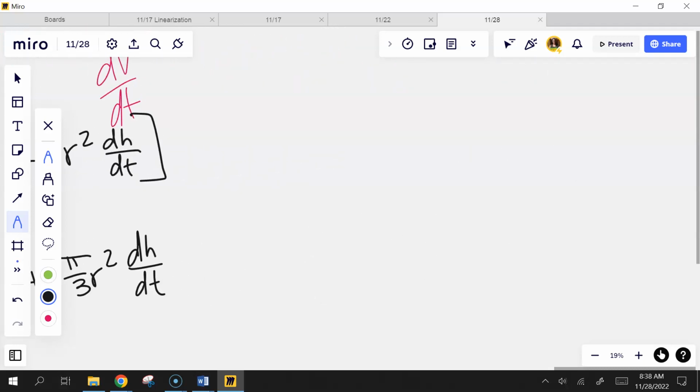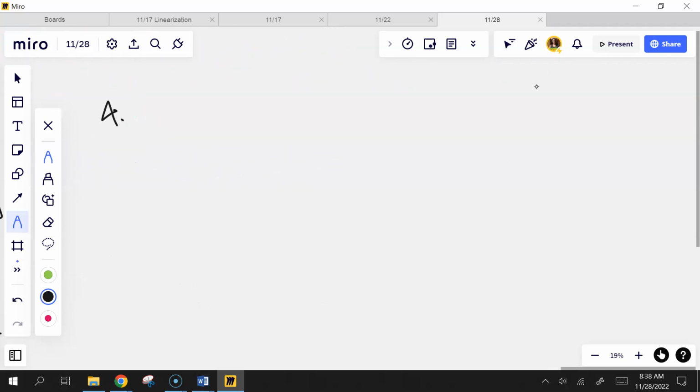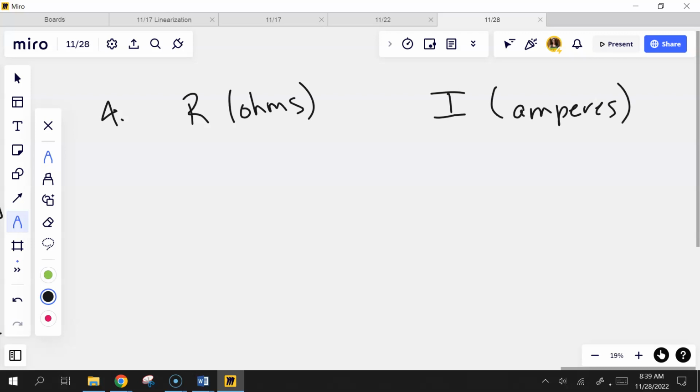This is number 4. I don't want to do too many of them because I don't have a lot for you though. The power of an electrical current is related to the circuit's resistance, R, in ohms, and current, which is I, in amps, by the equation P, P is watts, that's your power, equals R I squared.